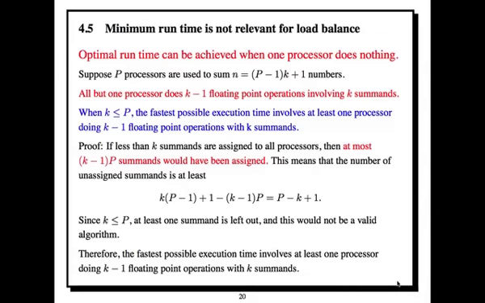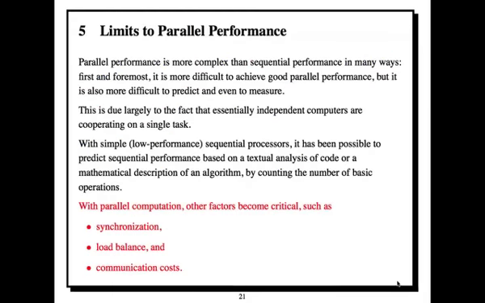The total number of unassigned summands would be the total number minus the number assigned, so there would be at least this many unassigned. And if k is less than or equal to p, this is a positive number, which would mean we haven't assigned all the summands, and so that wouldn't be a valid algorithm. So you could have the minimum time be 0, and you'd still have a load balance problem.